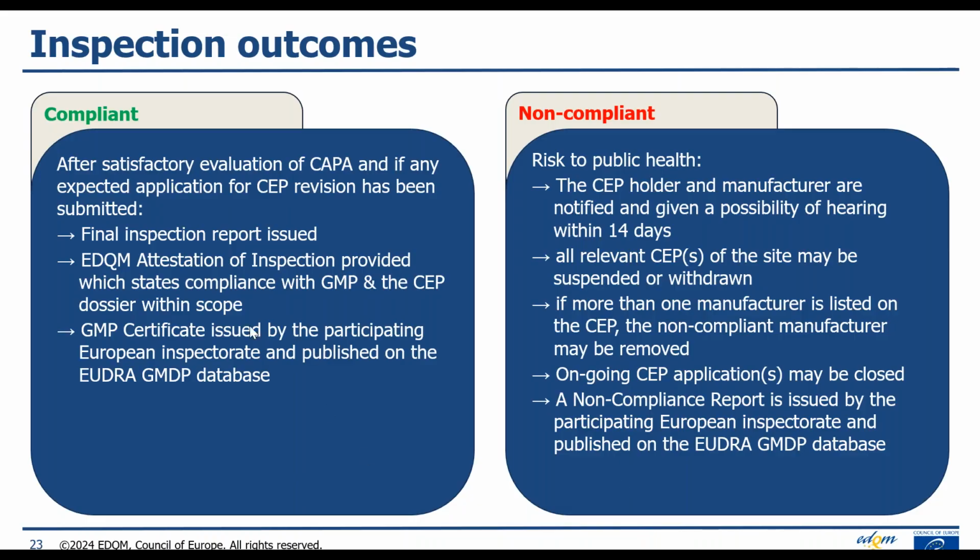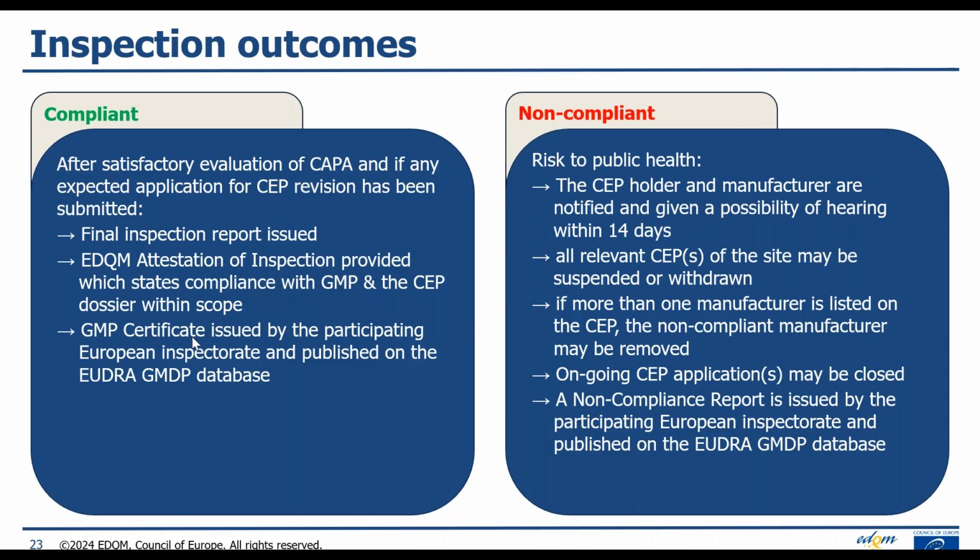For the compliant outcome, this of course is prefaced by a satisfactory evaluation of the CAPA, and if any expected application for a CEP revision has been submitted to the EDQM, at that point we would issue a final inspection report and EDQM attestation of inspection, which states compliance with GMP and the CEP dossier within scope.